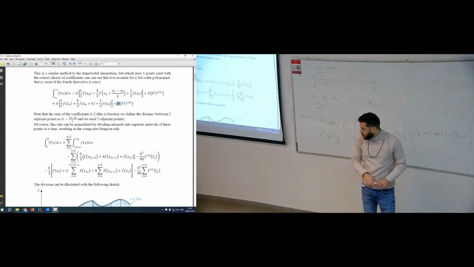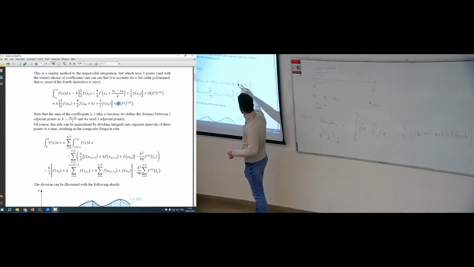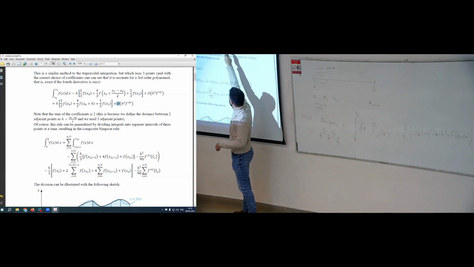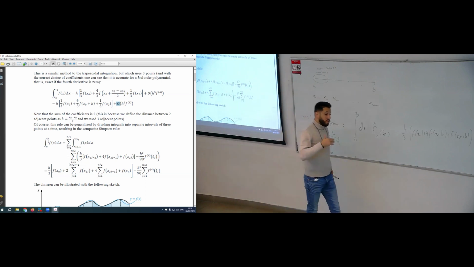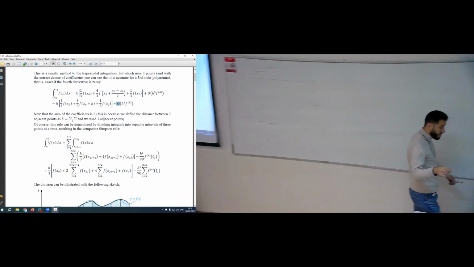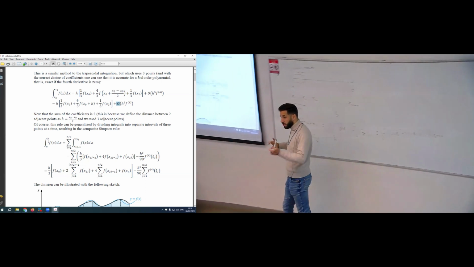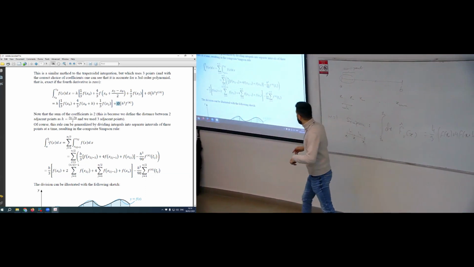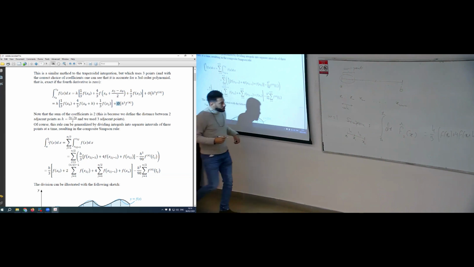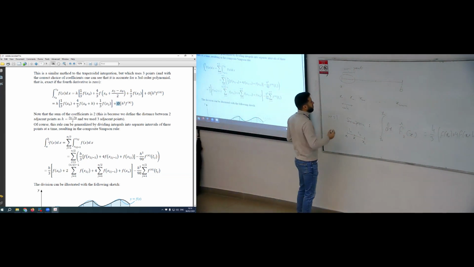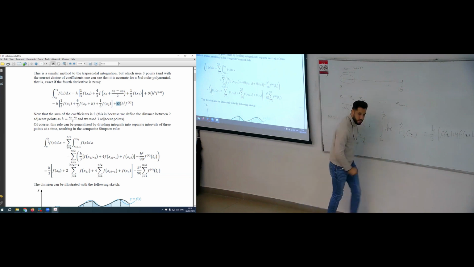Each error can be written as minus h to the fifth over 90 multiplied by the fourth derivative of the function at some psi j, where psi j is some point between x2j minus 2 and x2j. So we have here psi 1 and here psi 2 and here psi 3.